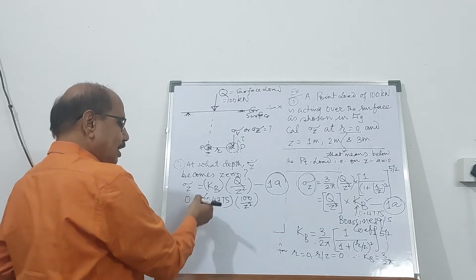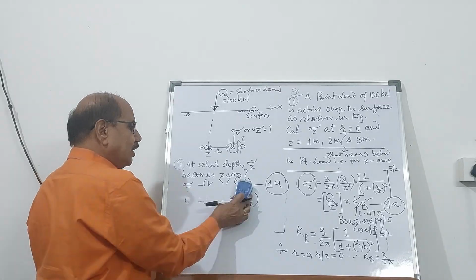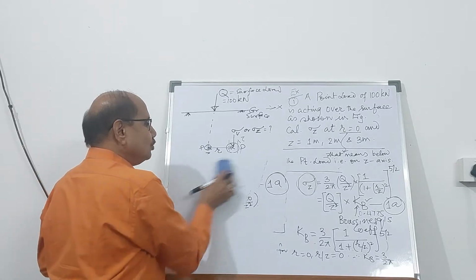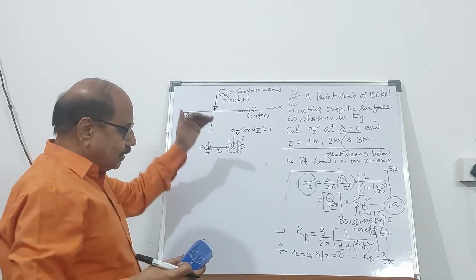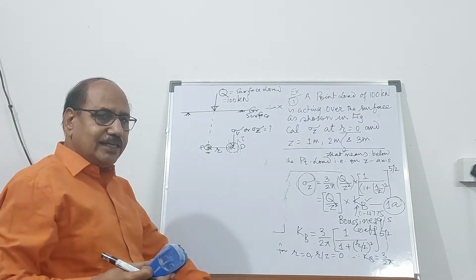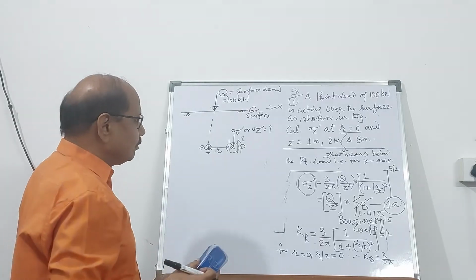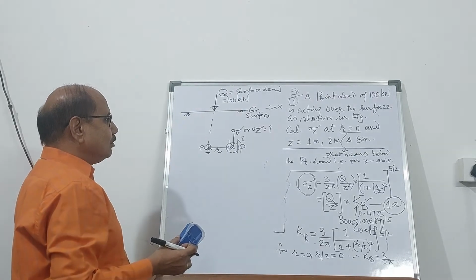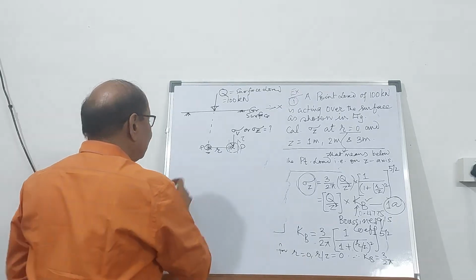This is a good exercise for all of you. Brainstorming, you can just do it. As you go down and down, the intensity will keep on decreasing. It becomes almost negligible if you go very deep, and practically it becomes 0. So you can do this exercise, and also you can find out the third part.